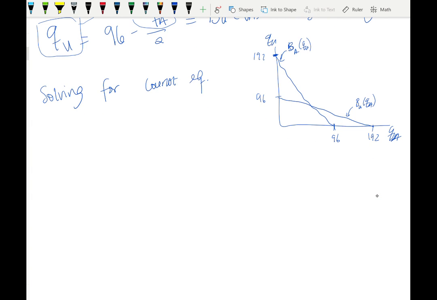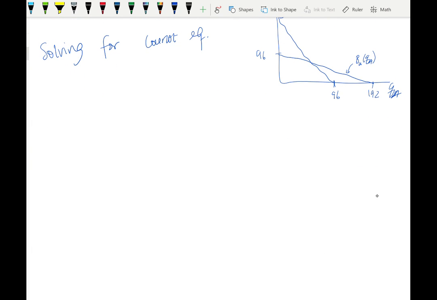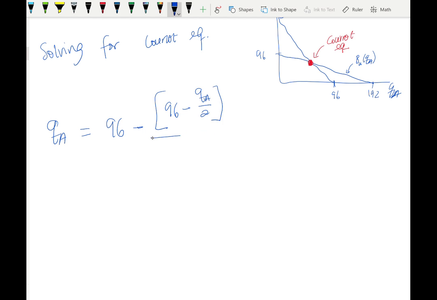All right, so let's go ahead and do the mathematical solving. We're looking for this point when we solve simultaneously. This is our Cournot equilibrium. So we have that QA will be equal to 96 minus, QU being 96 minus QA over 2, all over 2.